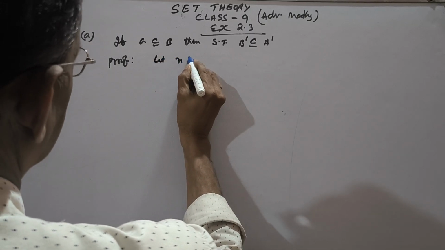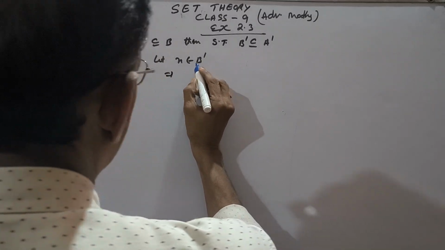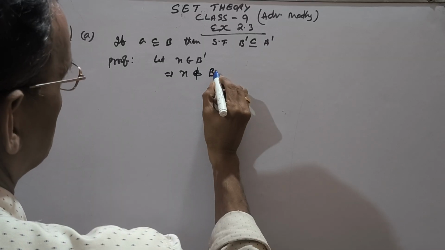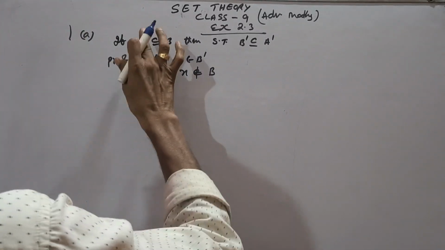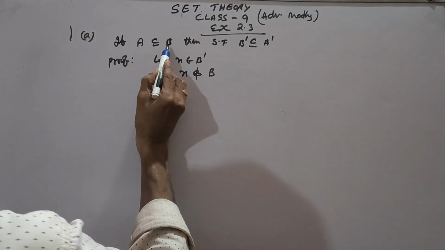Let x belong to B complement. You know the complement property: if x belongs to B complement, then x does not belong to B. Now, what is the meaning of A being a subset of B?